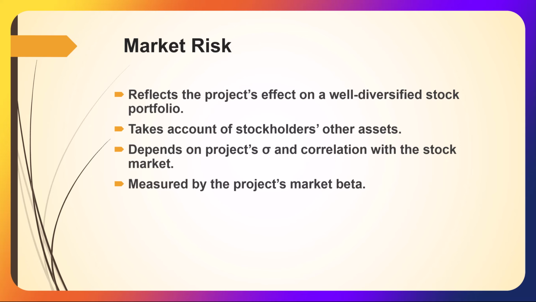Market risk takes a look at the diversification between the project and investors' risk. We need to determine the market beta of the project with reference to the stock market. Quite frankly, this can be a little difficult to calculate given the kinds of information that we actually have.